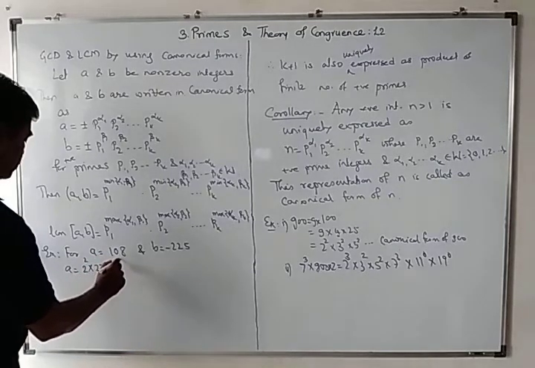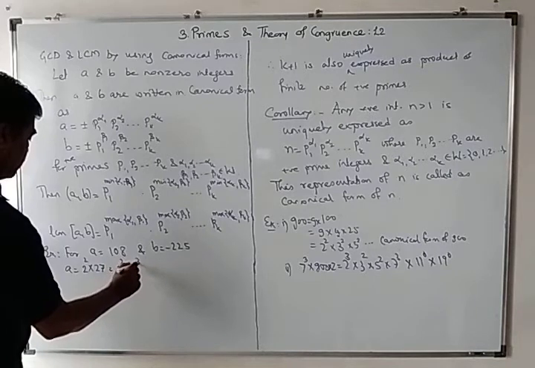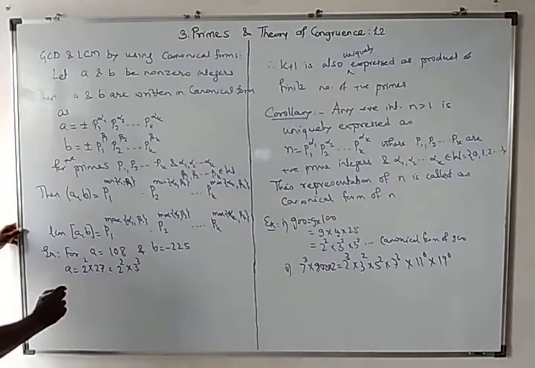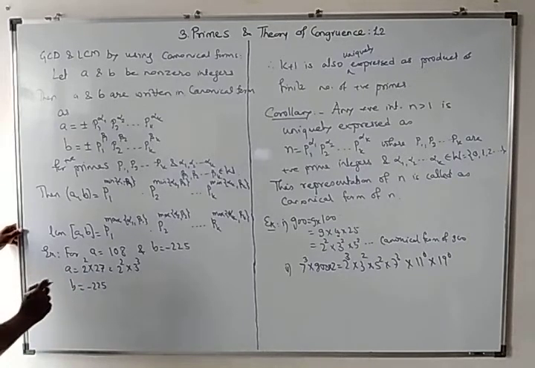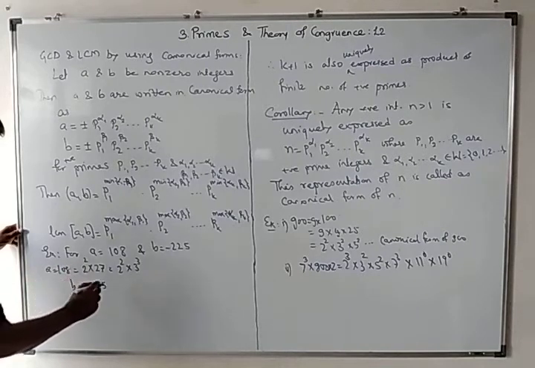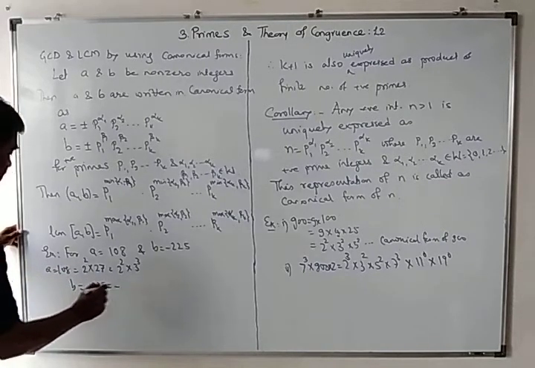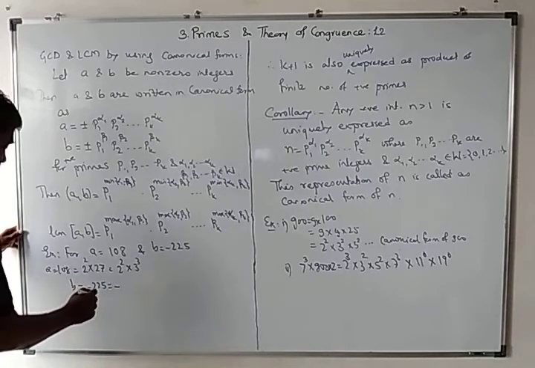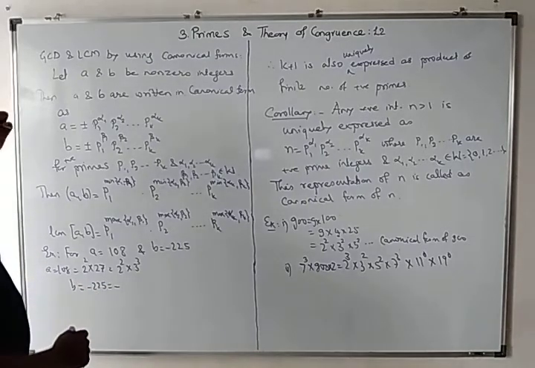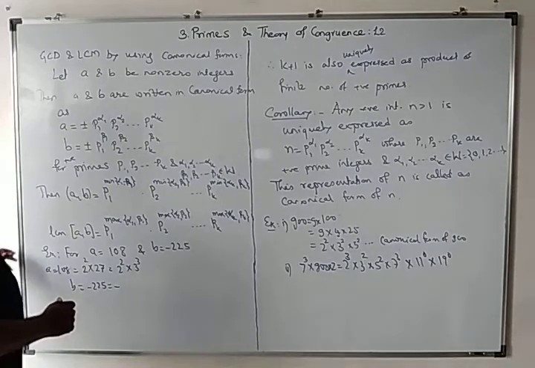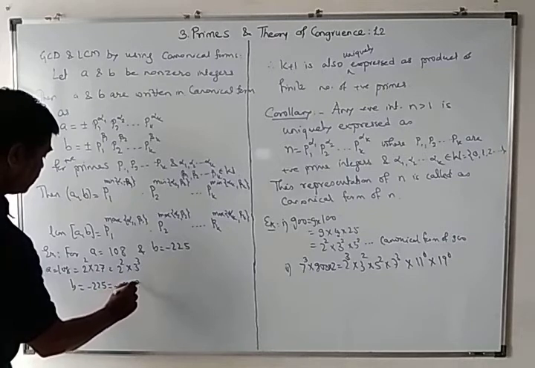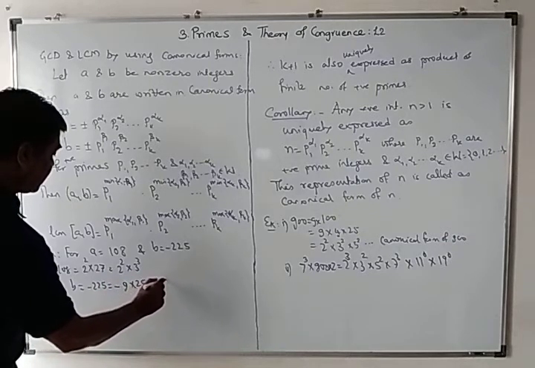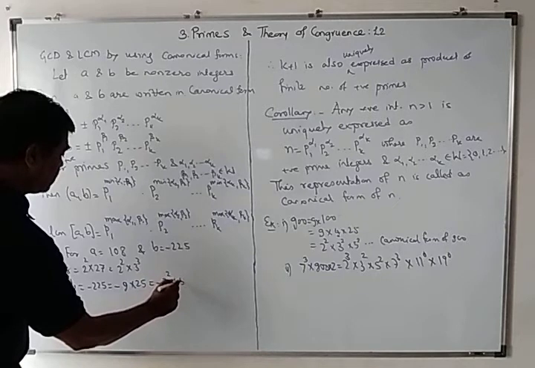So I can write this as 2 square into 3 cube. B equal to minus 225. It is divided by 25, 25 nines, so 9 into 25. So I can write this as minus 3 square into 5 square.